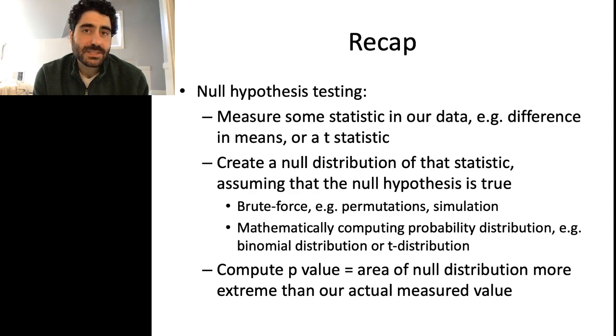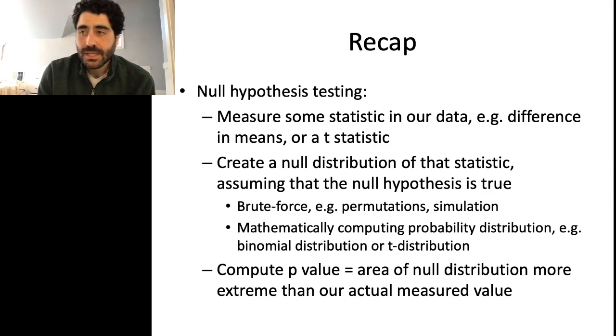We can instead just assume that our null distribution is going to look like this t distribution. No matter how we get our null distribution, we can then compare our real value to it and ask how unlikely it would be to get this real value under the null hypothesis. If it turns out that it's very unlikely, that the p-value is very small, then we would reject that null hypothesis and say that we think something is going on in this data that's not accounted for by this null distribution.